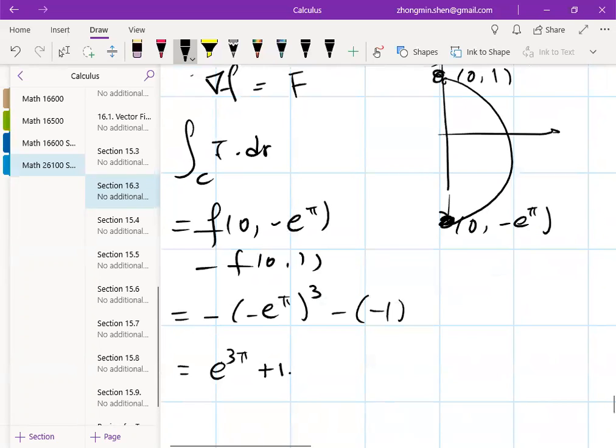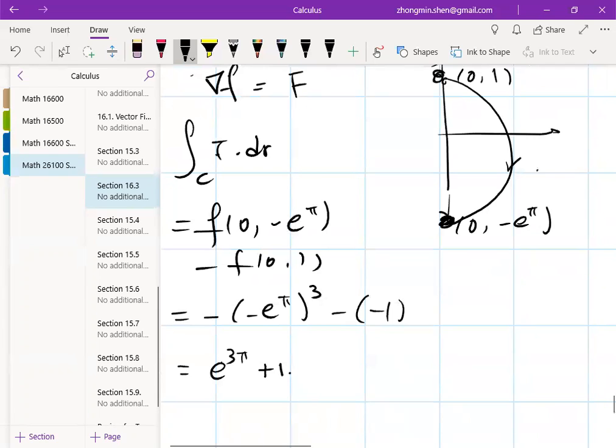Now, is there any other way to do it? Suppose you don't want to find f, little f. You still can do that. If you already know this is conservative, then you can take the path from the point (0, 1) to the point (0, negative e to the pi). You don't need to go around the curve, because it's independent of the path.